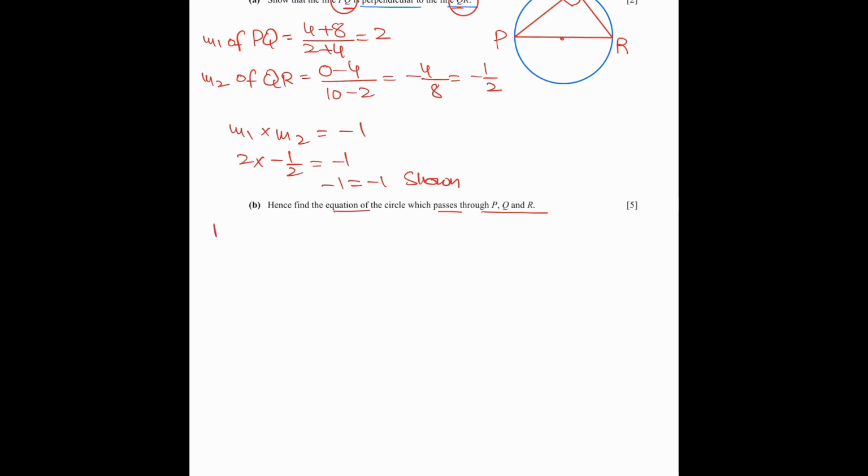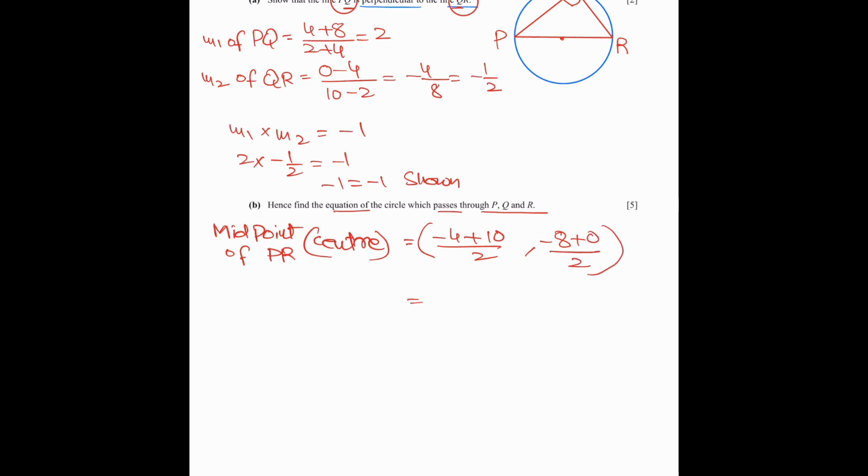So you will find the midpoint of PR, actually that will be the center of the circle. So minus 4 plus 10 over 2, minus 8 plus 0 over 2. So 6 over 2 is 3, minus 8 over 2 is minus 4.